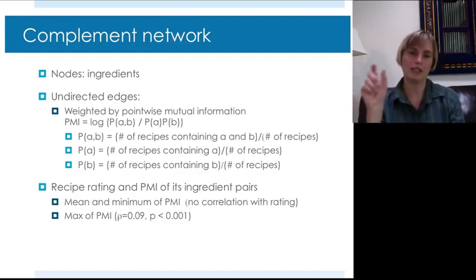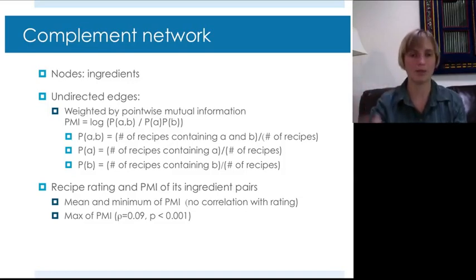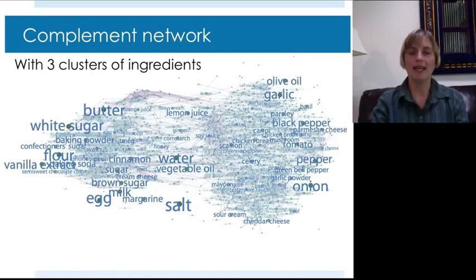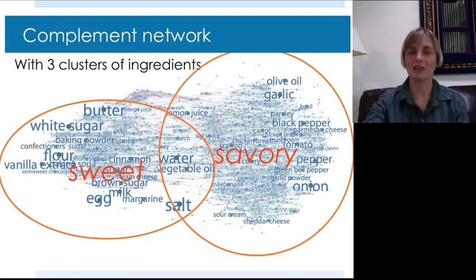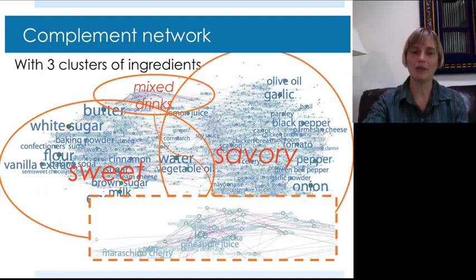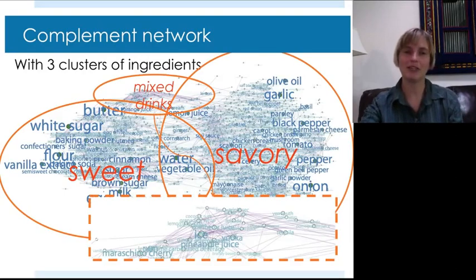As you might imagine, the numerator is higher for ingredients that tend to occur together more than they occur apart. You already saw this network in your assignment, and there were basically 3 main communities of sweet, savory, and mixed drinks. Depending on how you threshold and modularity and so on, you can find some additional communities in there.